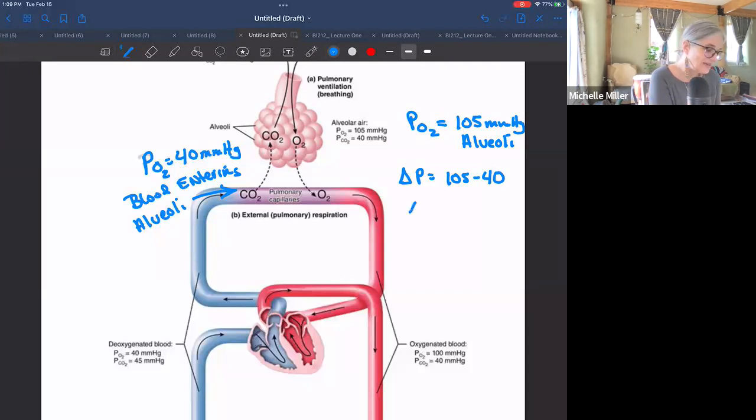So the difference in partial pressure is 65 millimeters of mercury. So that is going to cause oxygen to diffuse in, and then vice versa. If we look at carbon dioxide, it is coming in at 45, in the air it's at 40, and so carbon dioxide is going to diffuse out. So that difference in P, which is the difference in the partial pressures, as long as it's positive, then we're going to have that gas diffuse.